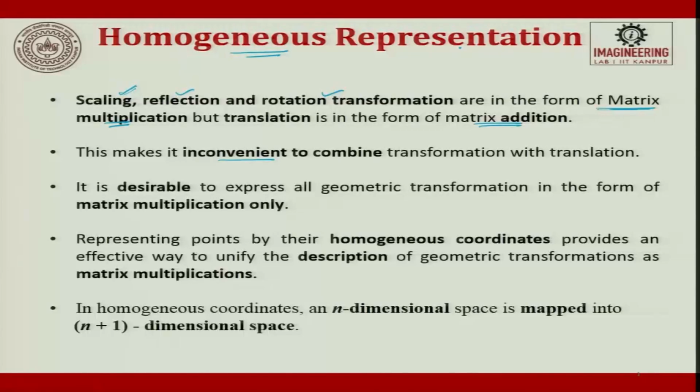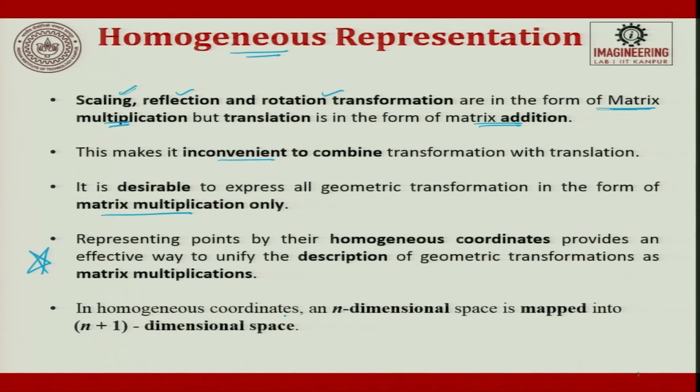Homogeneous representation is moving towards this. Representing points by their homogeneous coordinates provides an effective way to unify the description of geometric transformations as matrix multiplication. Very, very important point that we have discussed.